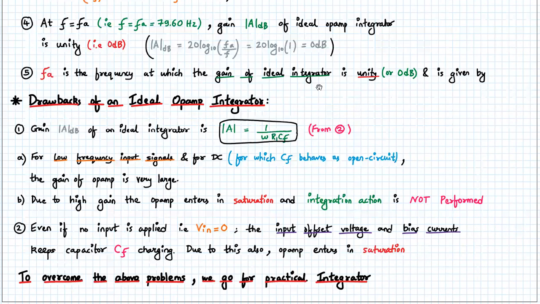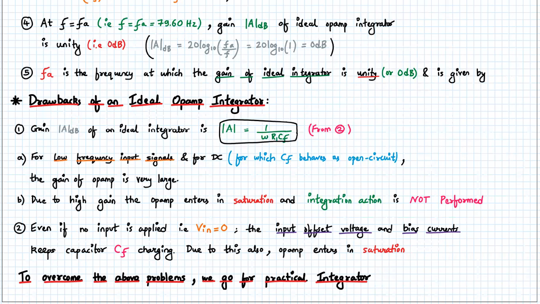Now, what are the drawbacks, or why can we not use the ideal integrator in practice? Correct. So now let us see that. The gain, that is mod of A, of an ideal integrator is given by mod of A equal to 1 upon omega R1 into Cf from equation number 2.